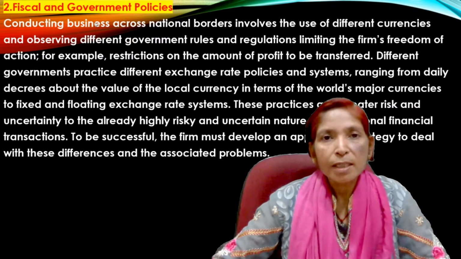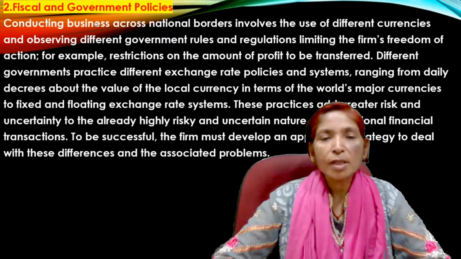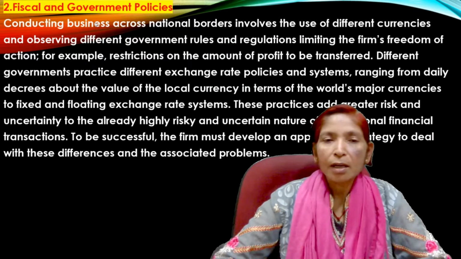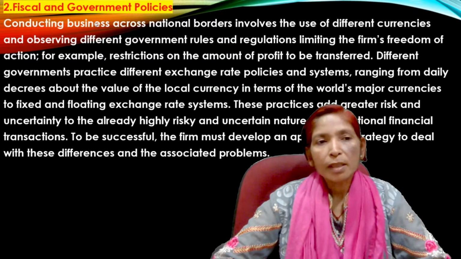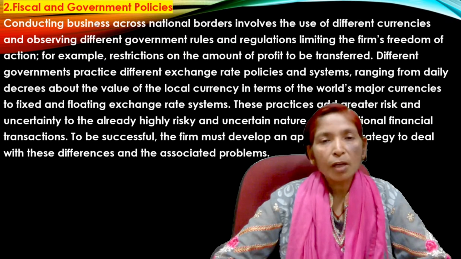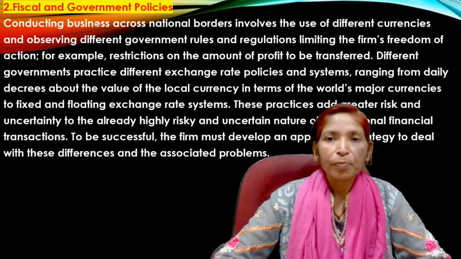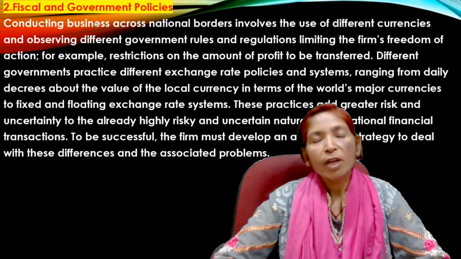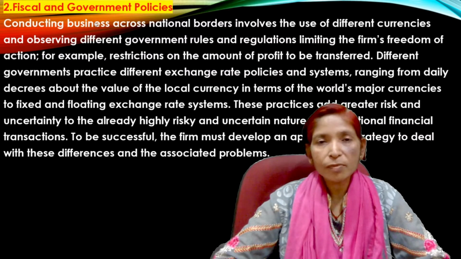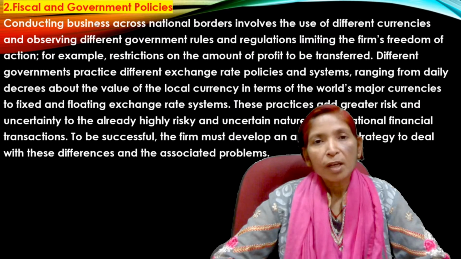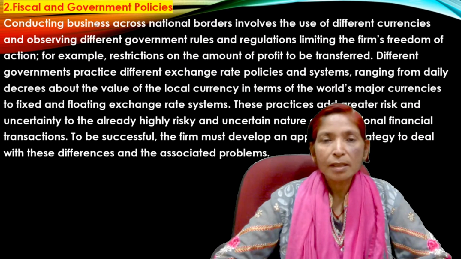So, under this point, fiscal and government policies, it means when we are conducting business across national borders, we have to convert our currencies into foreign currencies. Then we have to follow some rules and regulations decided by the government, and we have to follow the exchange rate system and whatever type of exchange rate exists in that particular country.